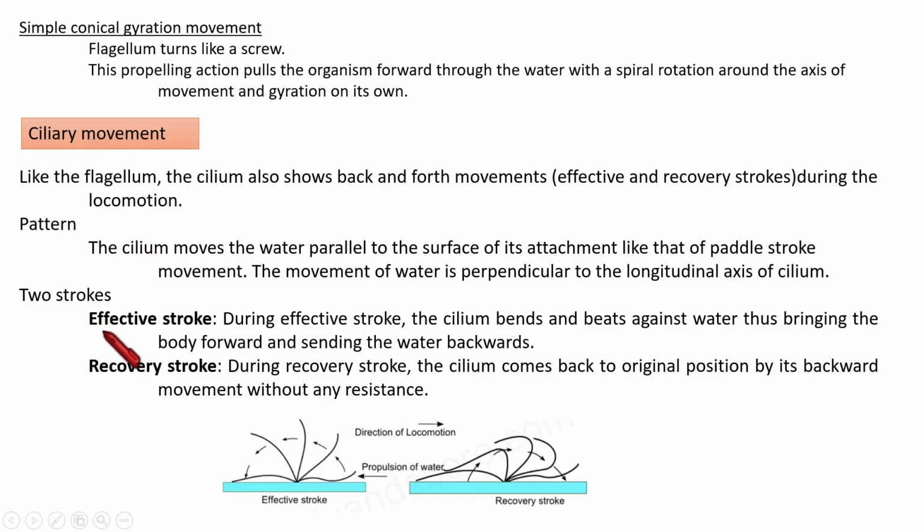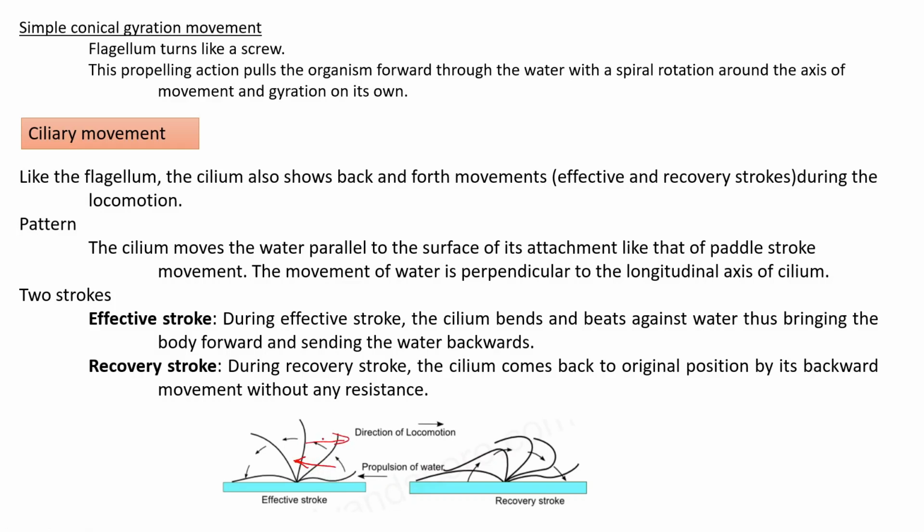And again, I am explaining the two strokes, effective stroke and recovery stroke, that we have already seen in the case of flagella. Here also, during the effective stroke, the cilium bends and beats against the water, and so the direction of propulsion of water is in this direction, and at the same time the organism moves in the opposite direction.